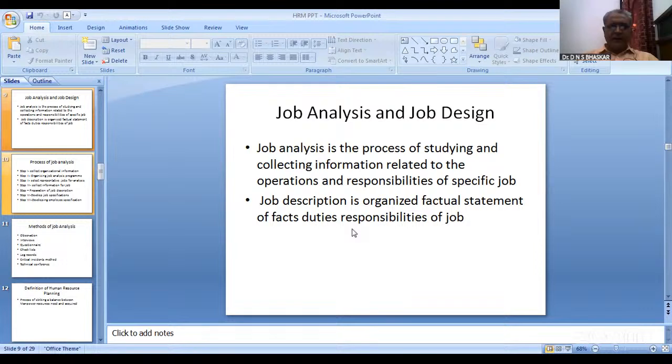Job description is organized as a factual statement of facts. So in the job analysis, we are going to study the various aspects relating to job analysis and job design components.